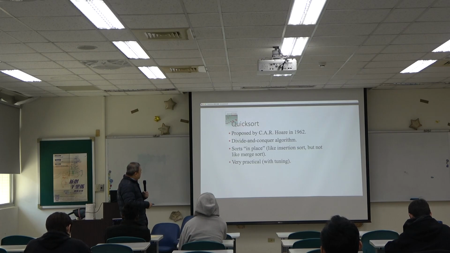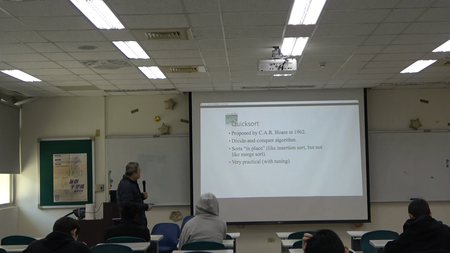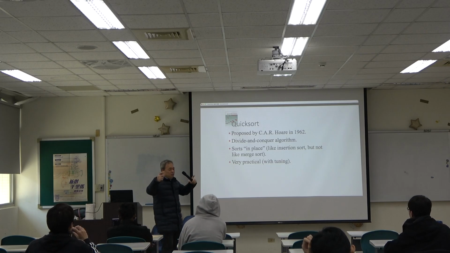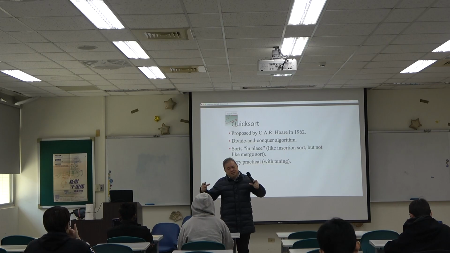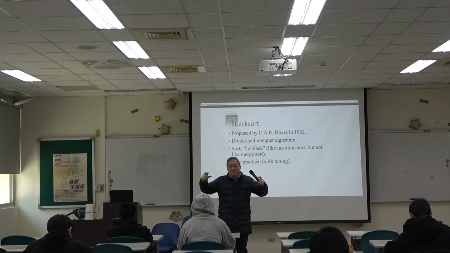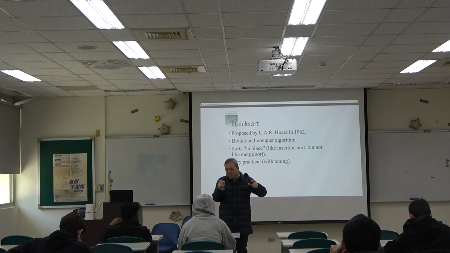In the quicksort, we are able to sort in place. Kind of like insertion sort, but not like merge sort. So what is in place? Sometimes, when you want to sort n numbers, you need some additional space to help you sort the numbers.